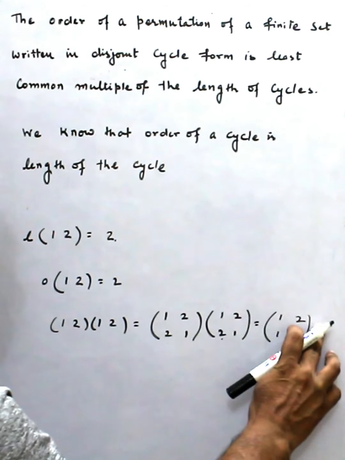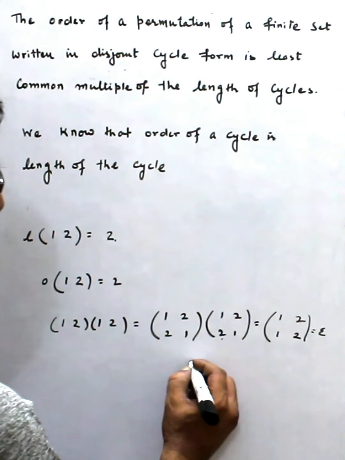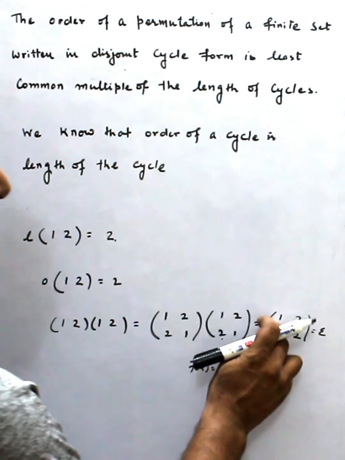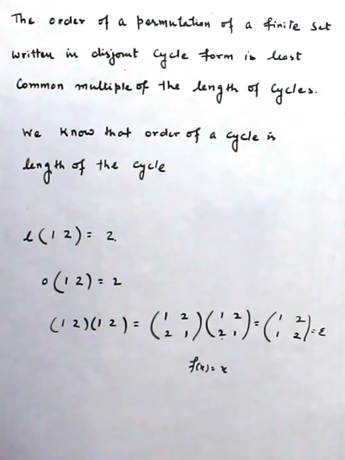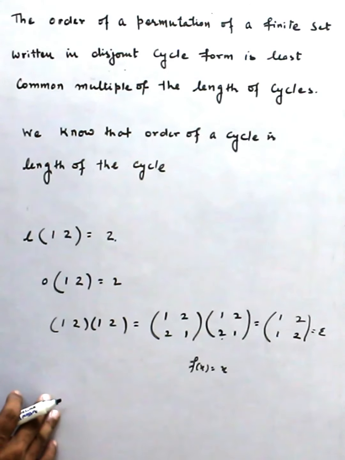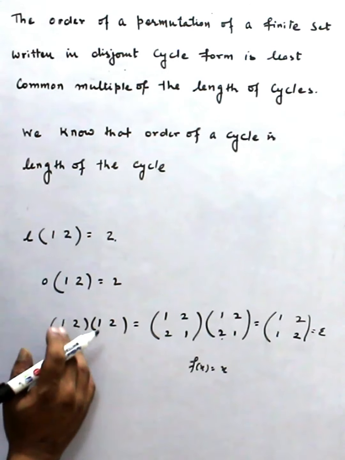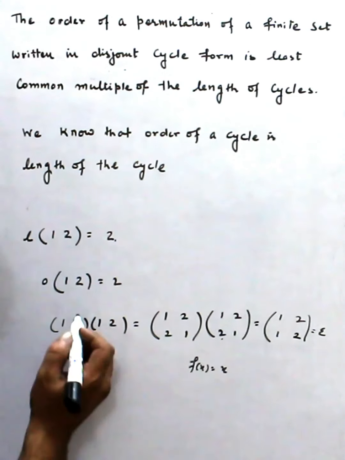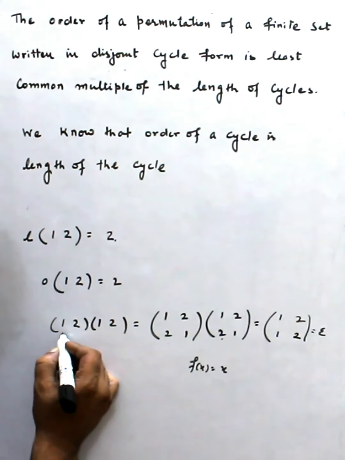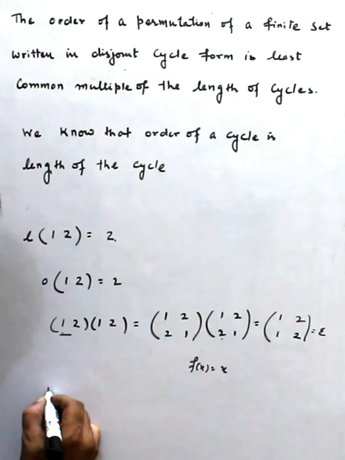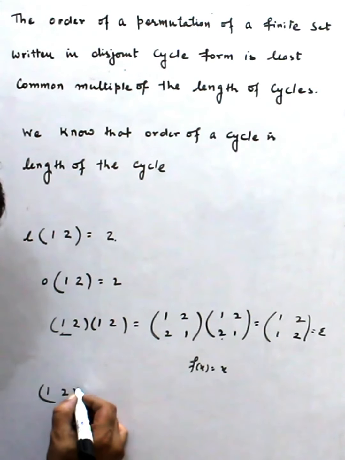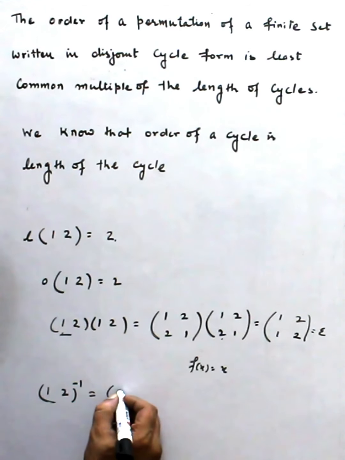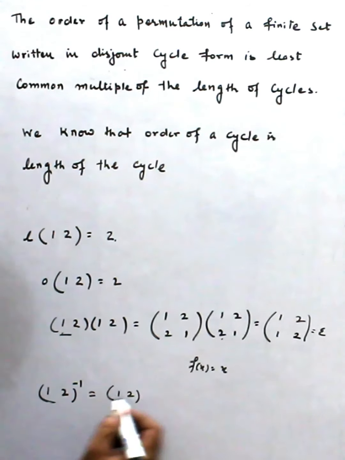This is identity because f(x) is equal to x, that means each element is its own image. That means this is the order of this cycle. And one more thing we notice here: the inverse of this cycle is equal to itself.